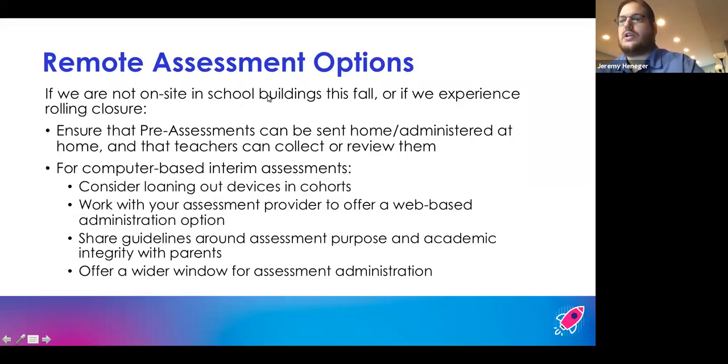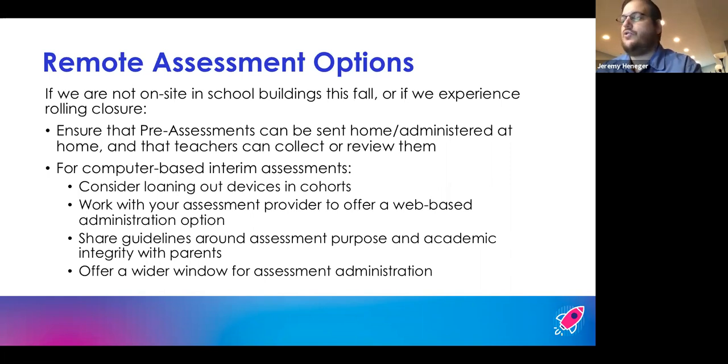So we also want to talk about remote assessment options. Of course, nobody's sure what the school year is going to look like in the fall, right? How we're all going to come together. So it's really important to have contingency plans.